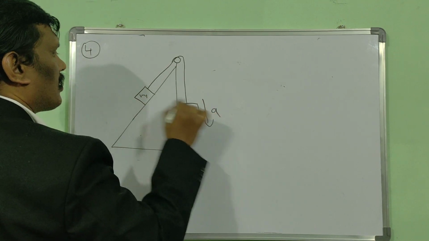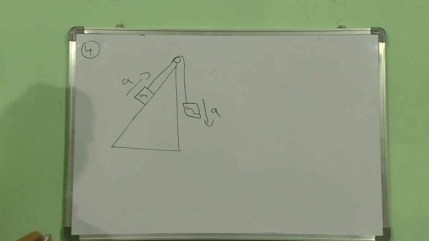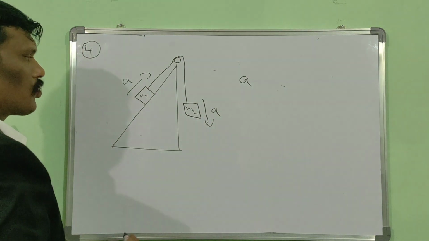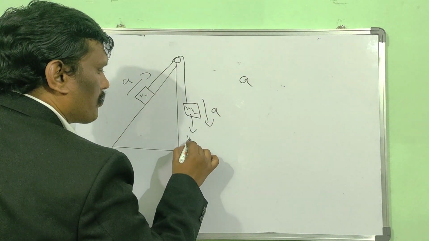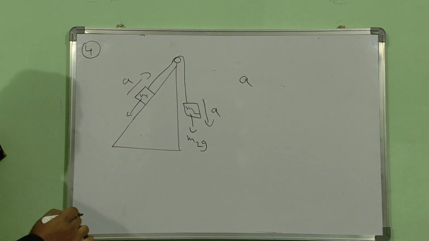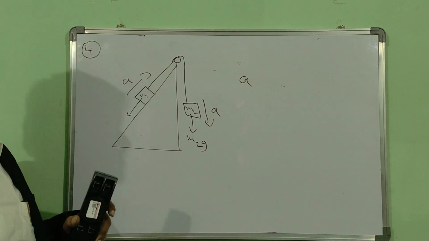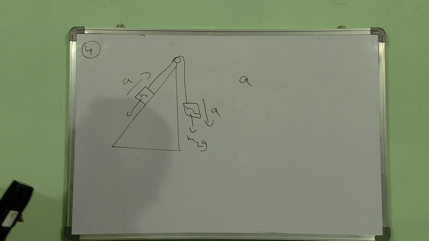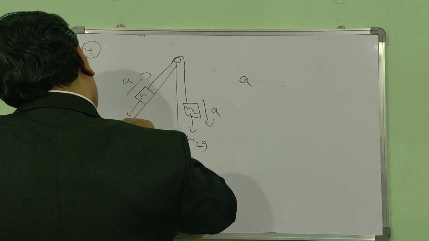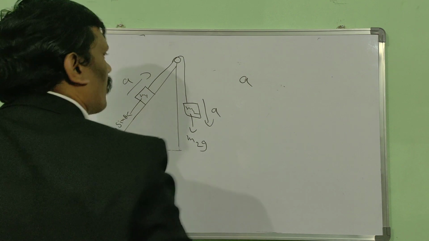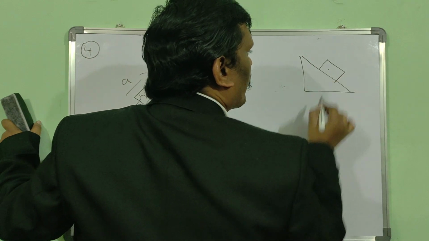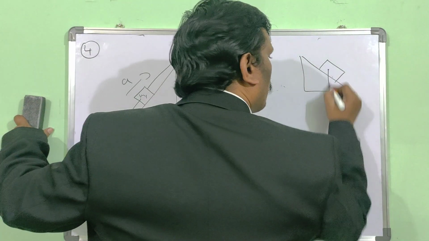I am going to consider the acceleration of the system in this manner. Now what is the acceleration of the system I need to calculate? Mention the weights: this is M1G, and this is M2G. What is the weight along the inclined plane? Not M1G, it is M1G sin theta. Why? Because on any inclined plane, the weight is always acting vertically downwards, like this.